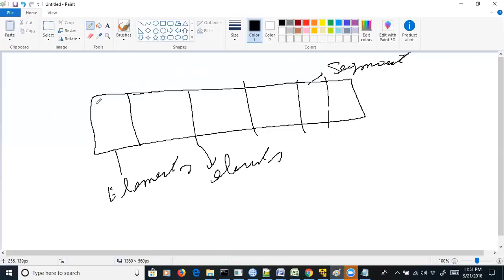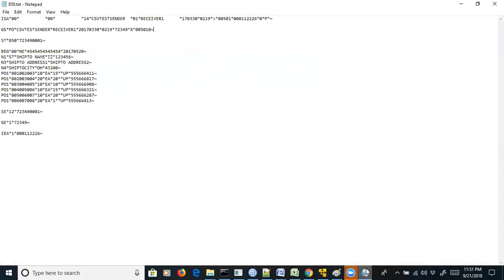The first element in every segment is called the segment identifier, which means in EDI every segment or record is identified by a segment identifier, and that always goes as the first element.